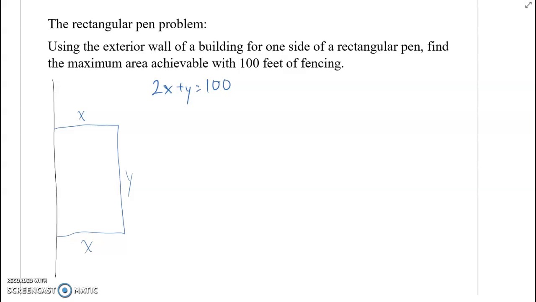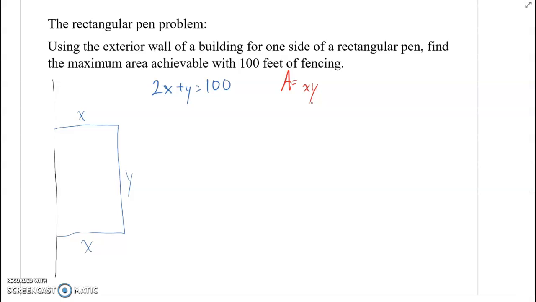But we're not trying to maximize the perimeter. We have that fixed value of 100 feet. What we're trying to do is maximize the area, because we want to fit as much as possible in this pen. So let's talk about what the area formula is. Well, it's a rectangle, so we all know that the area of a rectangle is x times y, or length times width, or base times height.